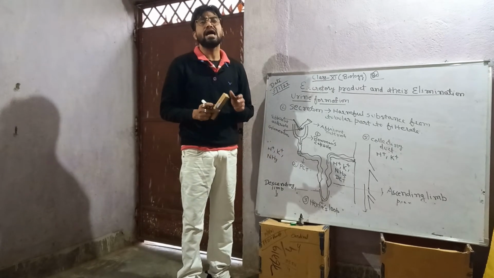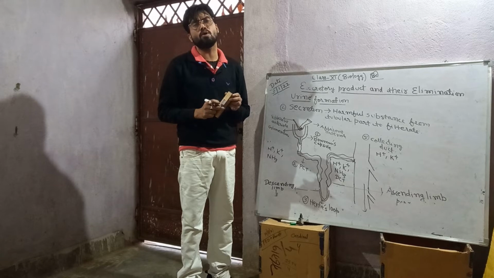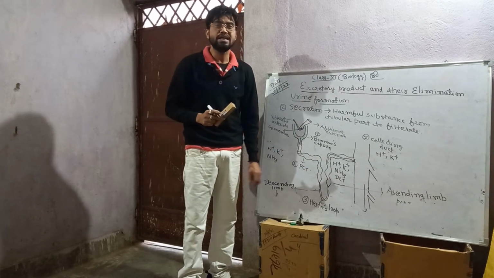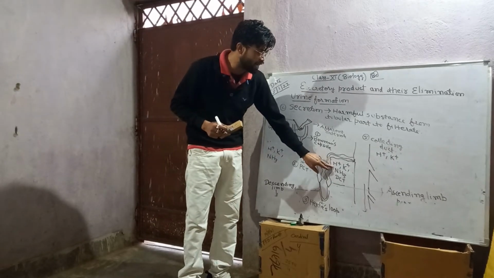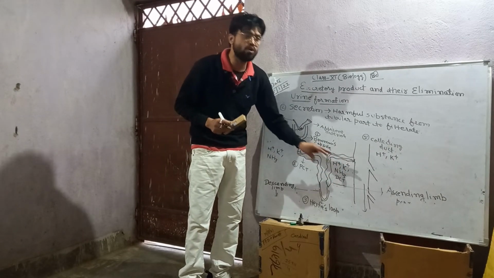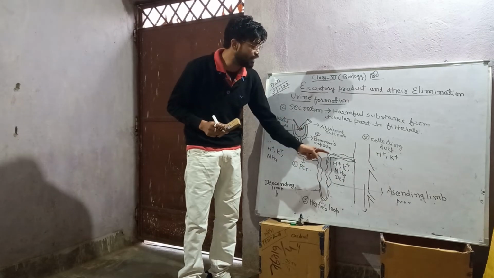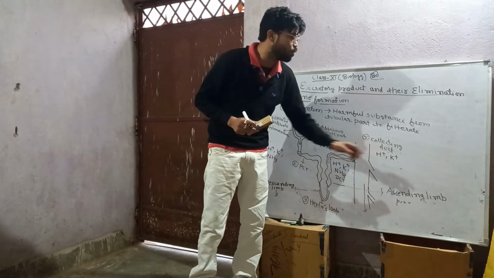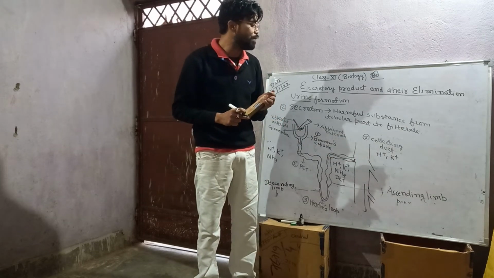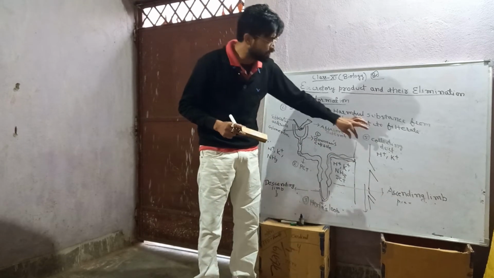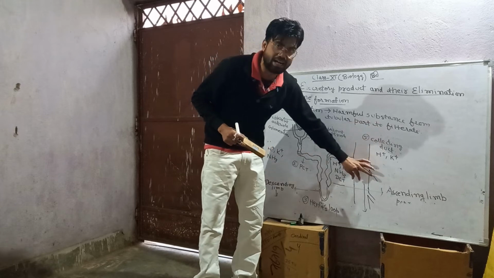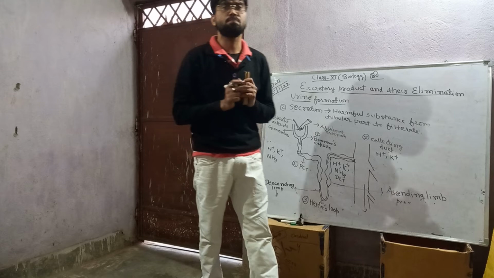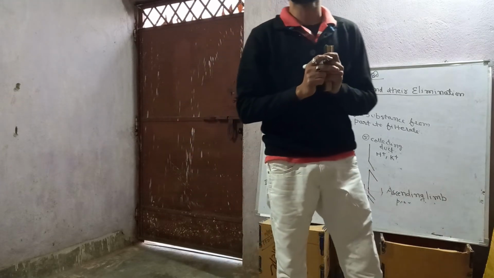Second, the Henle loop is only responsible for ionic balance. So the filtrate moves to the DCT. In the DCT also, hydrogen ion, potassium ion and ammonia are again secreted. And then it moves to the collecting duct. In the collecting duct, again hydrogen ion and potassium ion are secreted and join the filtrate, and then are excreted out from the body. This whole process is known as secretion.